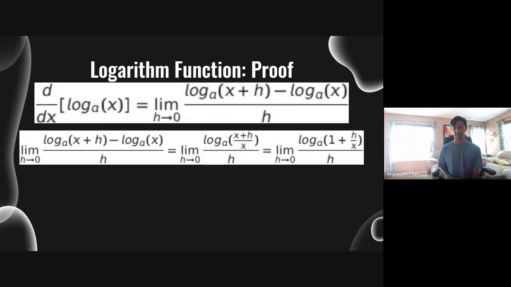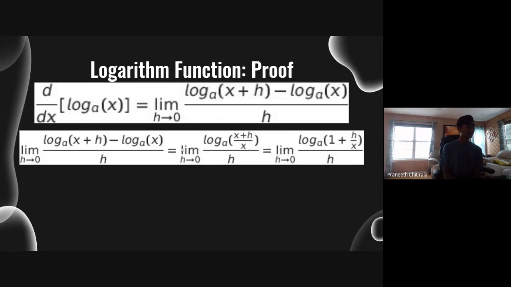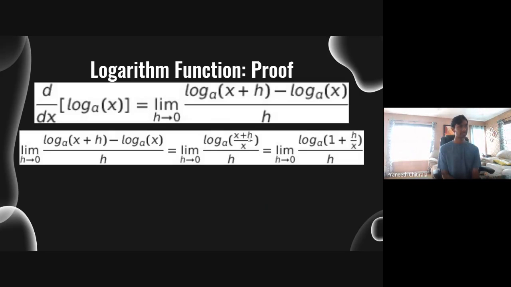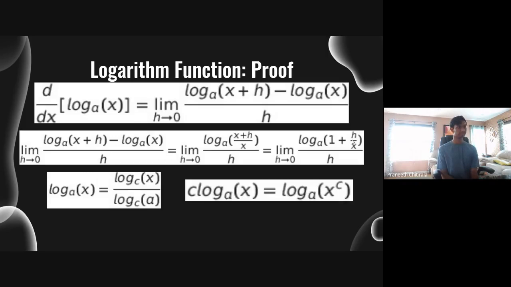Using that fact, we can simplify the numerator to get the limit as h approaches 0 of log base a of x plus h over x, all over h, and simplify the inside to get 1 plus h over x.